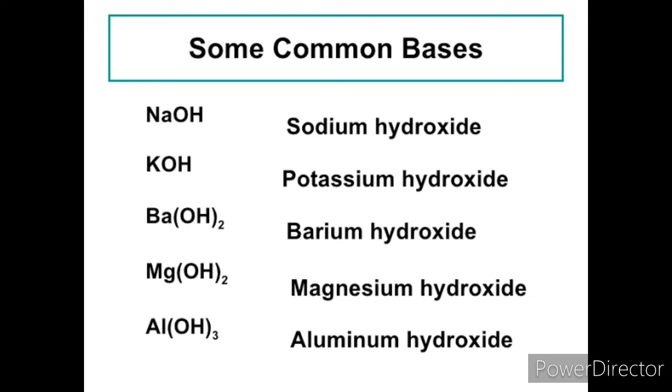Here sodium is the metal. Similarly, potassium, barium, magnesium and aluminium are also metals. So metals forming compounds with the OH- ion are hydroxides. All hydroxides are basic in nature.